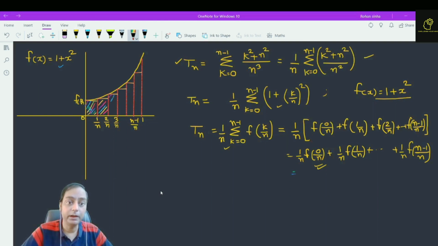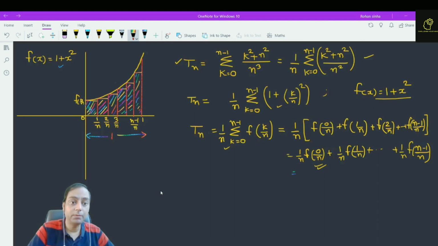So these are the areas of different rectangles. What I did is simply divide this length 1 into n equal parts. The length of each part is 1 by n.